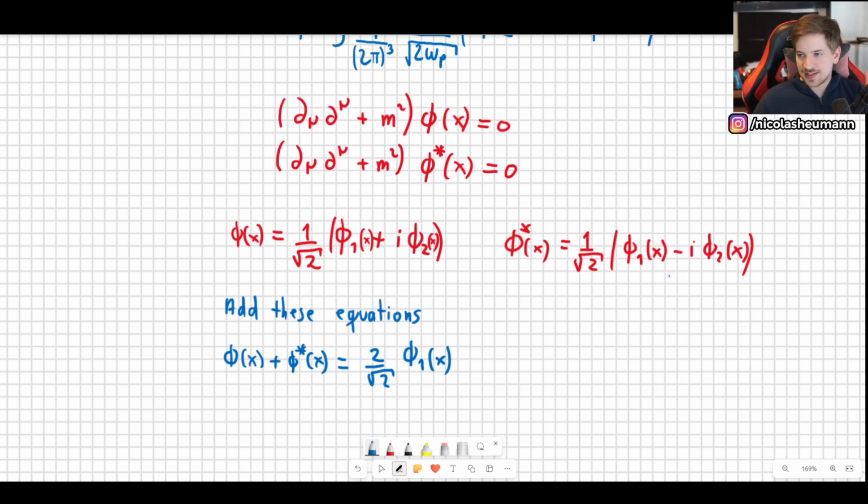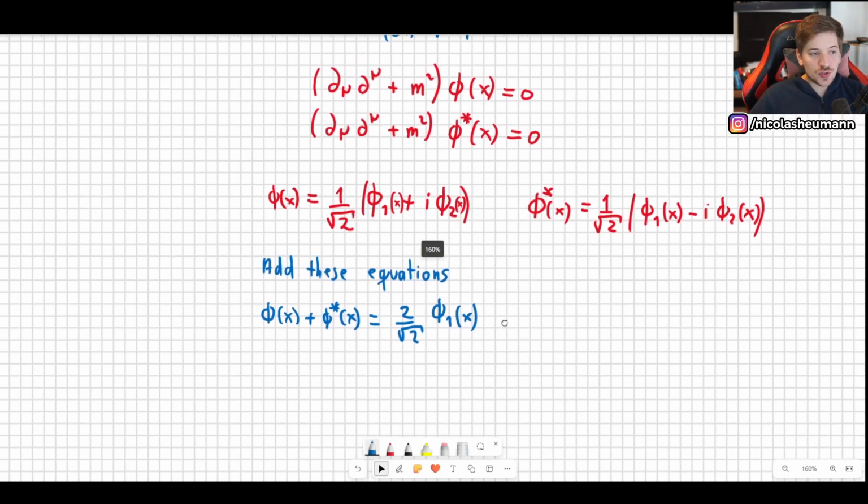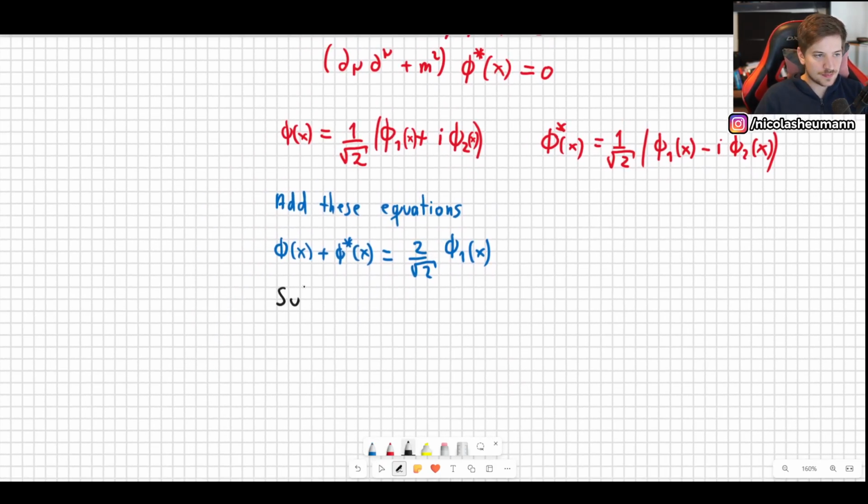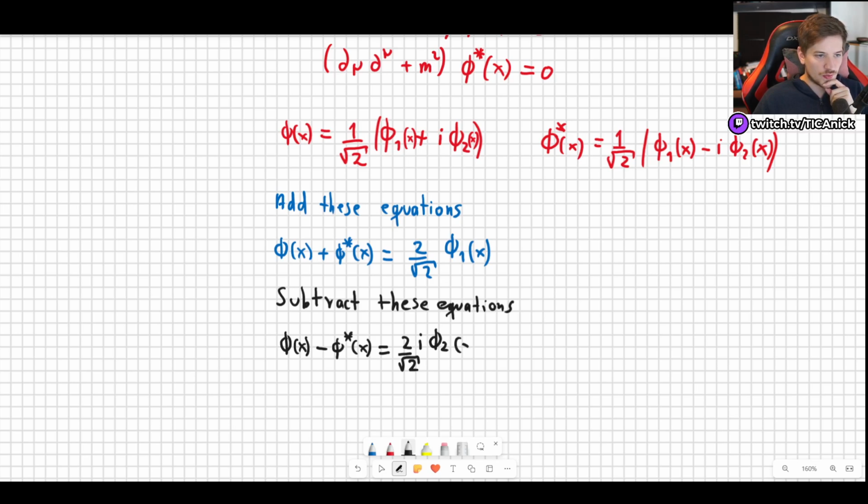Phi 2 just cancels out. Now we're going to subtract the equations. By doing that, we get phi of x minus phi conjugate, and again 2 square root of 2, but this time we have i and phi 2 of x.